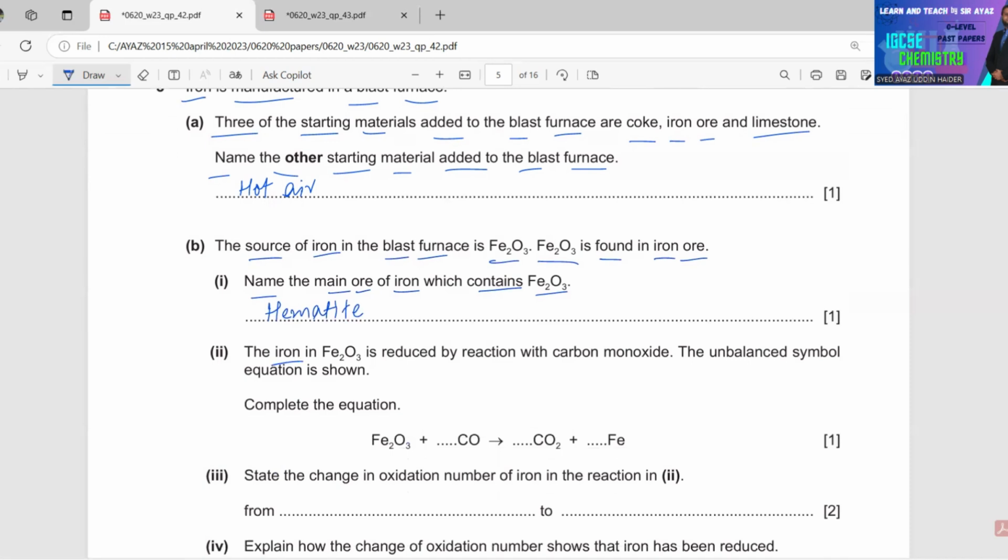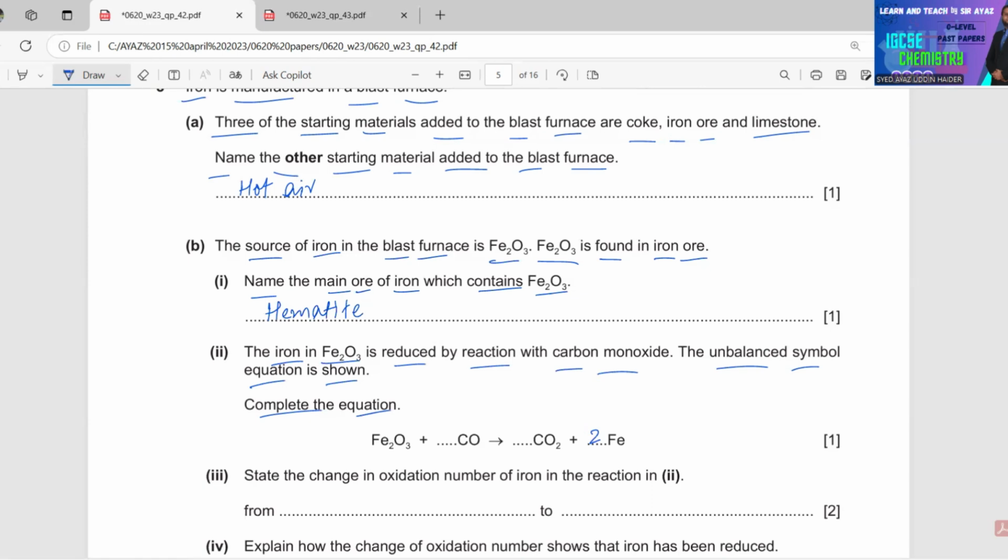Number 2, the iron in Fe2O3 is reduced by reaction with carbon monoxide. The unbalanced symbol equation is shown. Complete the equation. So we have Fe2O3 plus CO gives CO2 plus Fe. To balance the equation, on the right hand side I will put 2 in order to balance iron. Now what about oxygen?